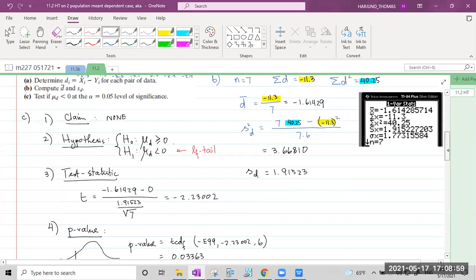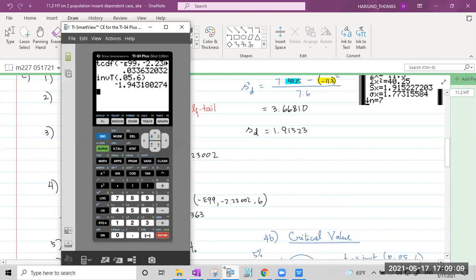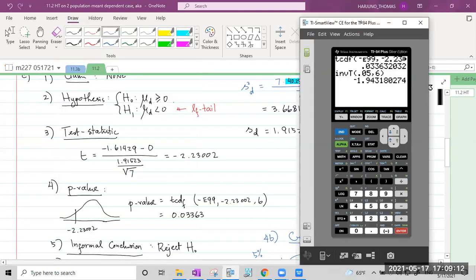Now, however, I want to show you something more important here. Can we use a calculator to confirm our result? Yes, actually, like what I said earlier, you just apply our hypothesis testing on the differences, right? So you go to stats, tests, t-test. Yes, we have a pair, but we match them, so we actually just do t-test. You plug in the stats here.